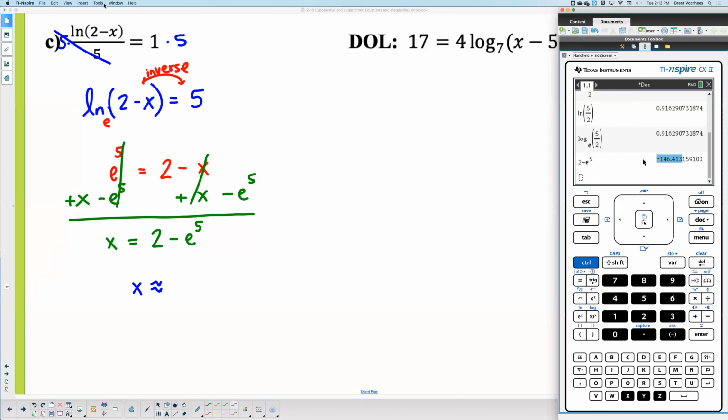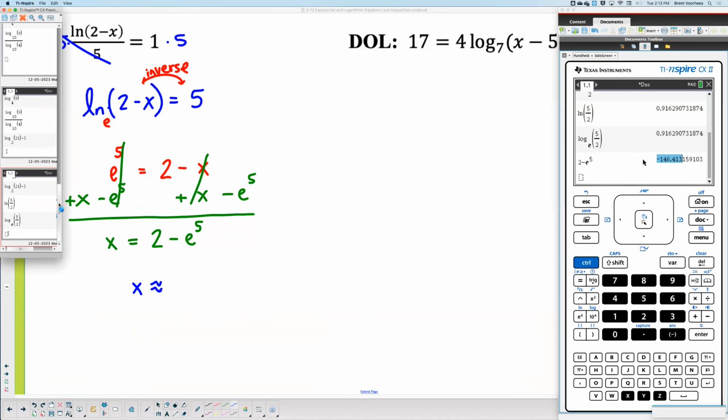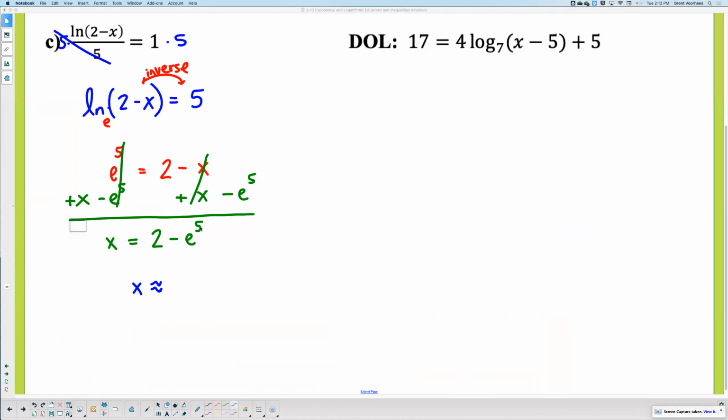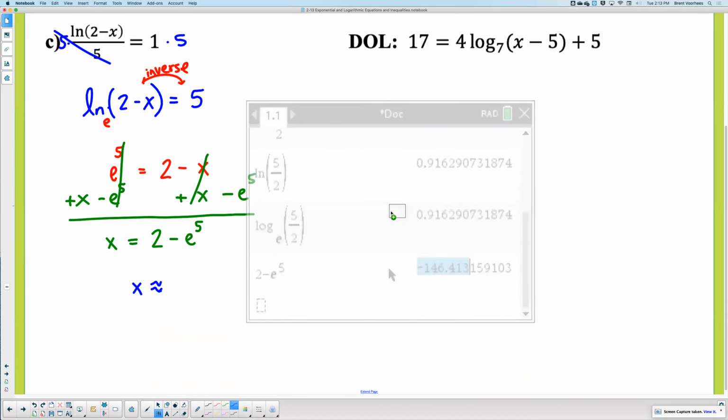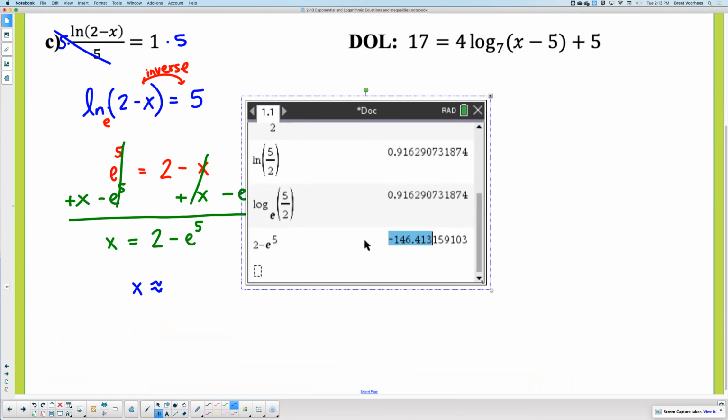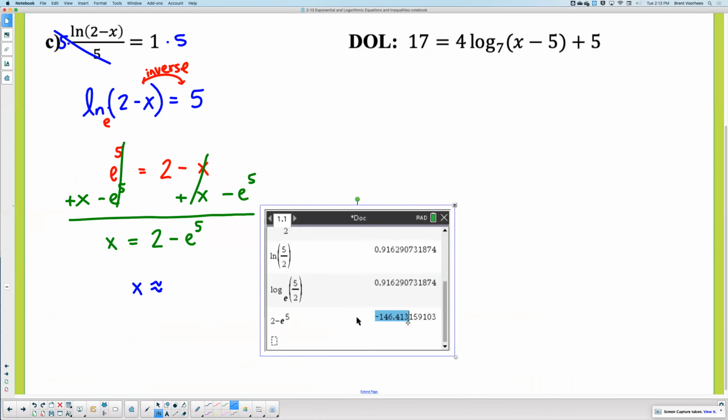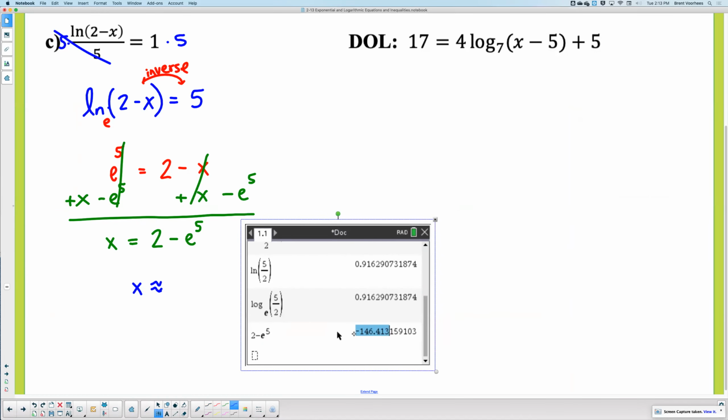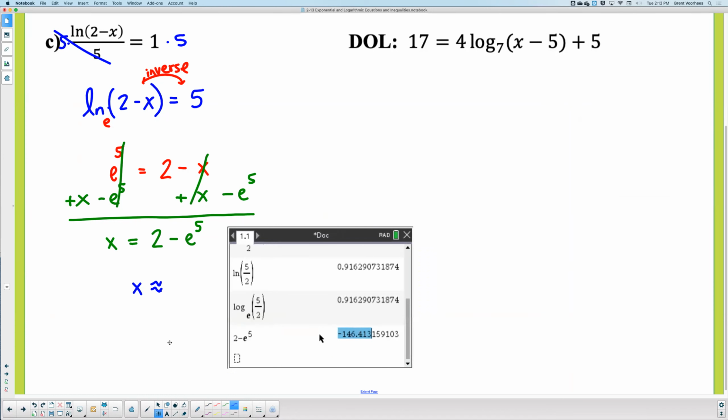That's the value I'm coming up with here. Copy this answer in. So the answer is negative 146.413. And with that, I'll let you work on your DOL.